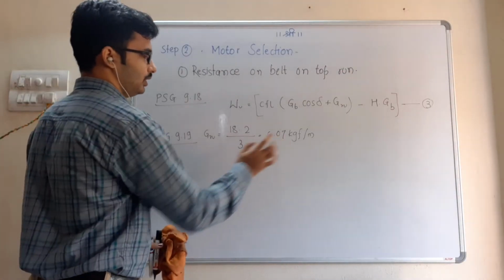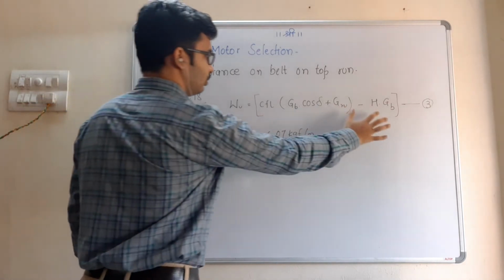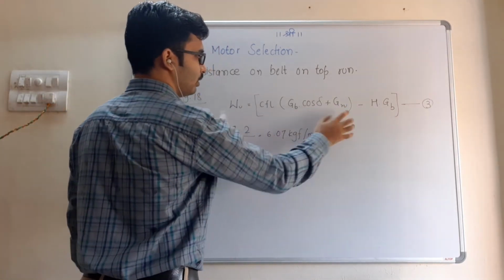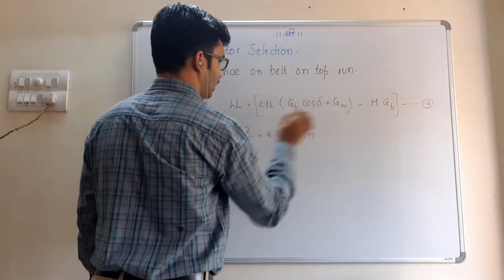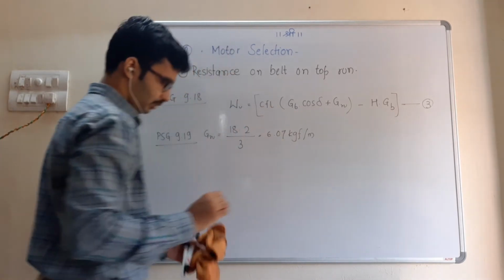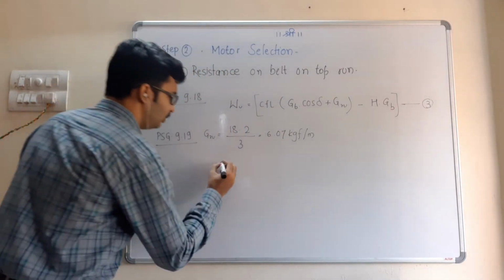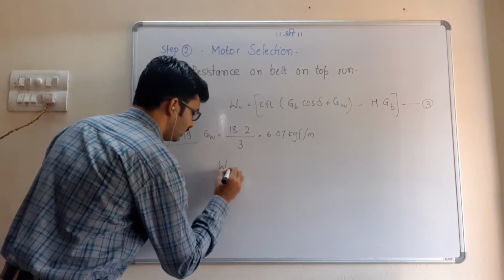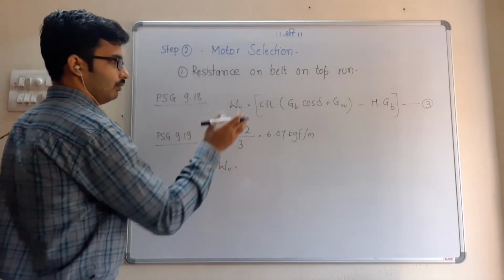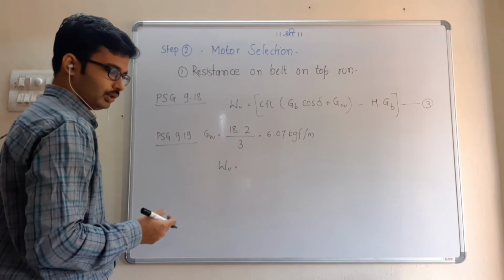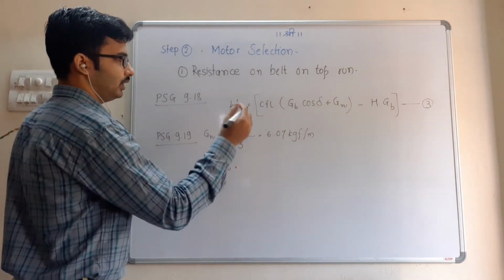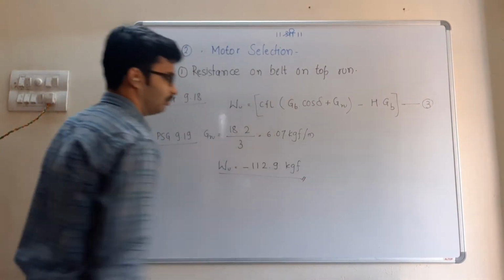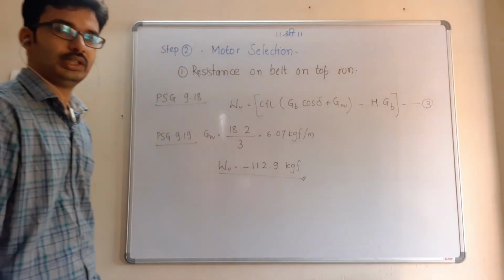So this is GRU. Now all other values are known to us. GB we have already calculated, H we have already calculated, CFL known to us. So using this, WU can be calculated. When we substitute all these values, you will get WU as minus 112.9 kgf.